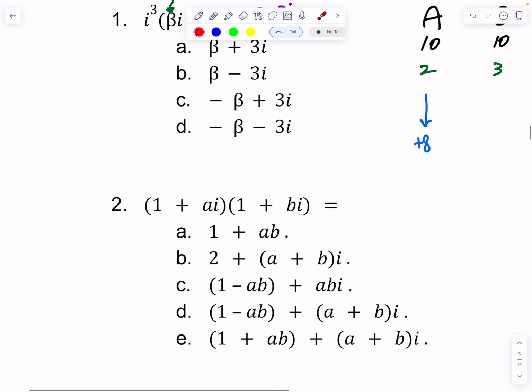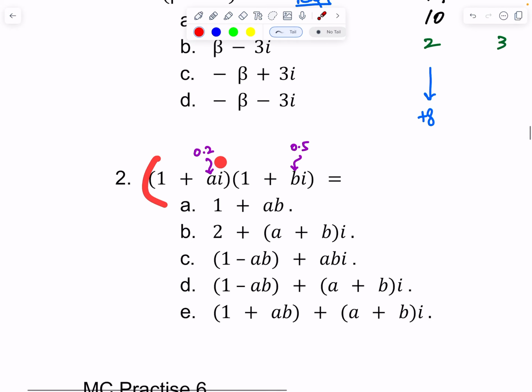And then if I have two unknowns, then let's say this is 0.2, this is 0.5. And then click the whole thing, bracket first, do the whole thing. You should be getting it as 0.9 plus 0.1 I. No 0.1 in the end, right? 0.7.